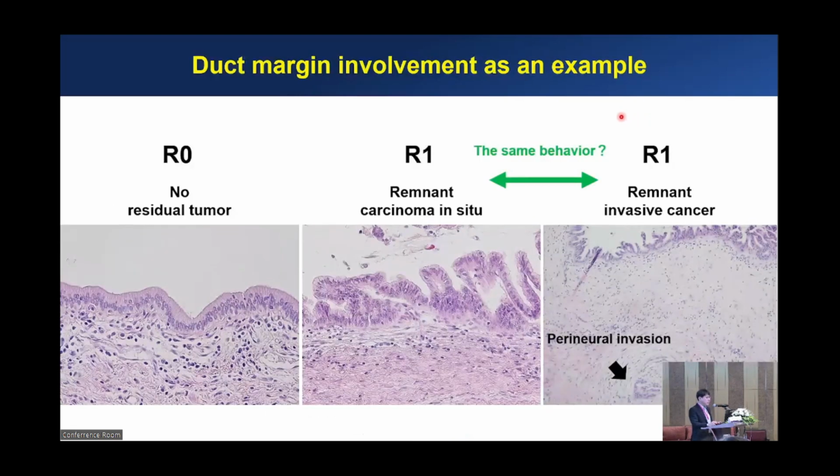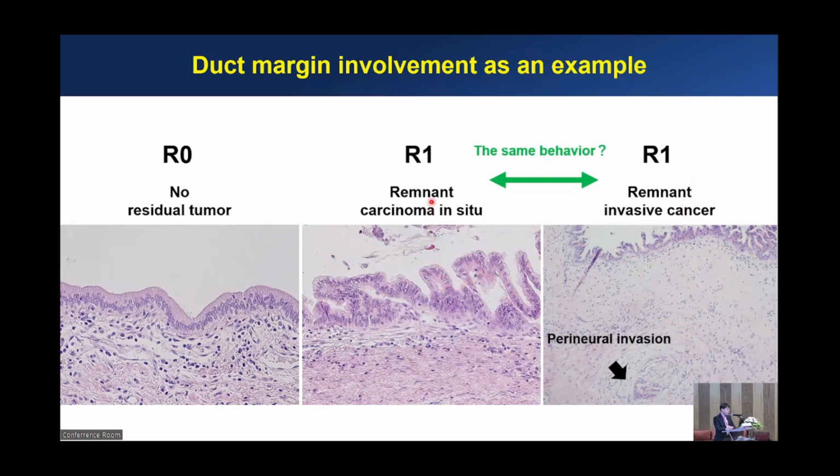This is an example of duct margin involvement. This is no residual tumor with an intact biliary epithelium. And this is carcinoma in situ. This figure has a CIS remnant here, and the main point is perineural invasion here. So this duct is judged as R1 with remnant invasive cancer component.